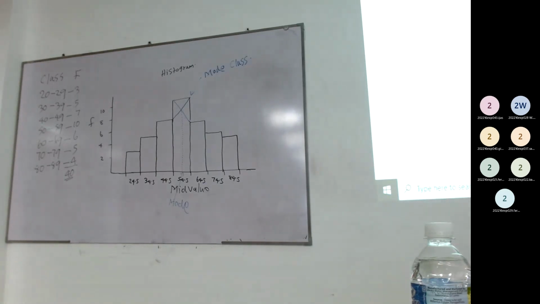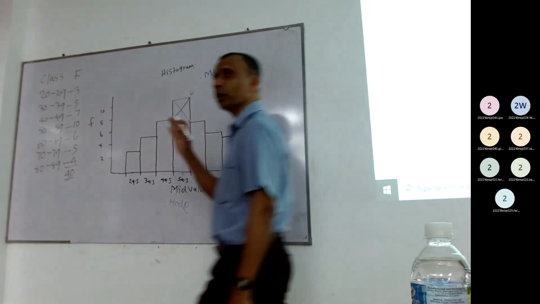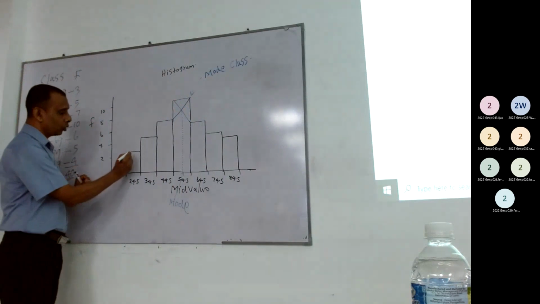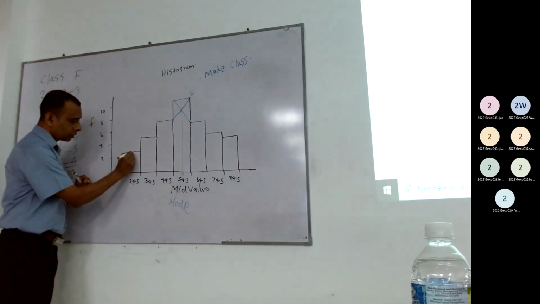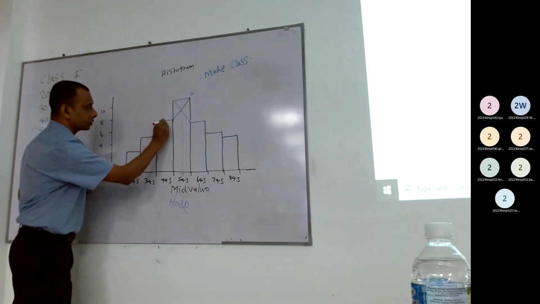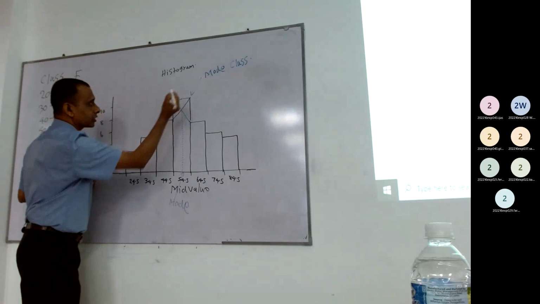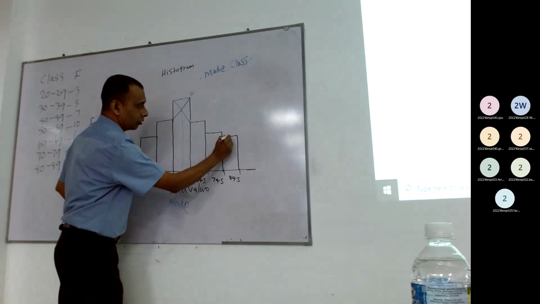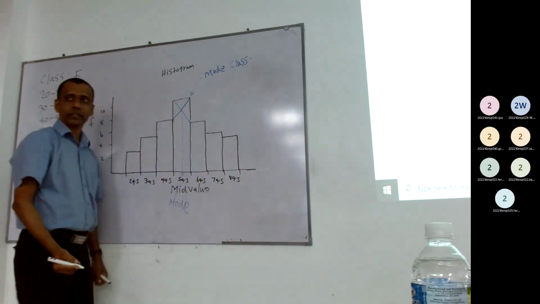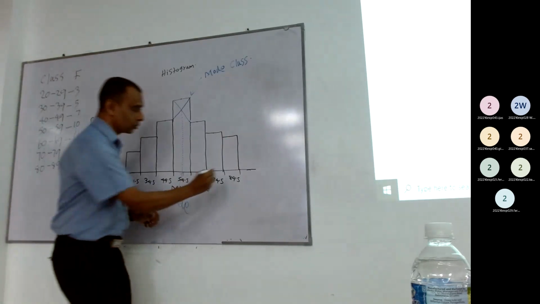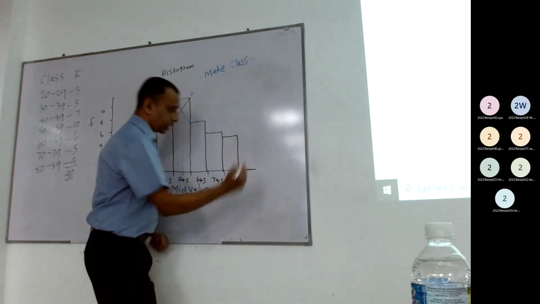Okay, now all the center points you can link, linearize. By using ruler, you can mark all the midpoints. All the mid values of rectangles you can link. Then at the beginning, one scale free, then take that. And also at the end, take that.